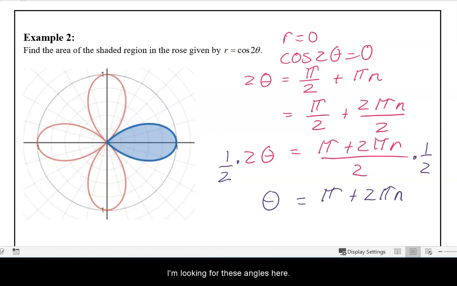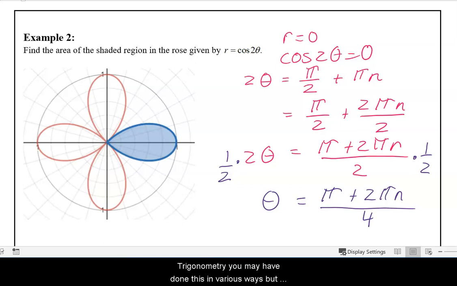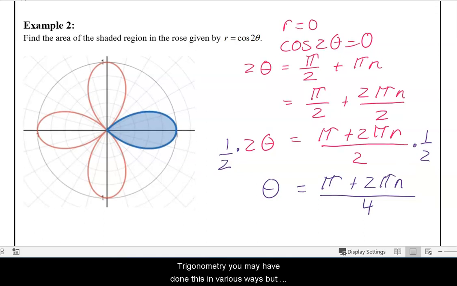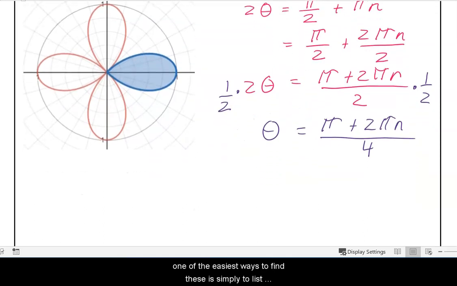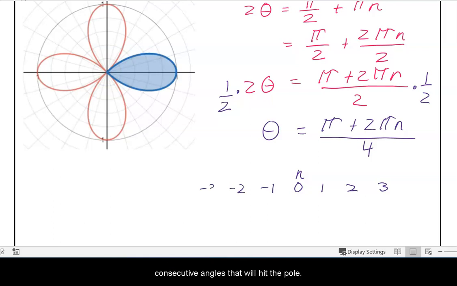I'm looking for these angles here. In trigonometry, you may have done this in various ways, but one of the easiest ways to find these is simply to list some n values. If I let n be 0, 1, 2, and 3, and -1 and -2 and -3, perhaps I can find 2 consecutive angles that will hit the pole.